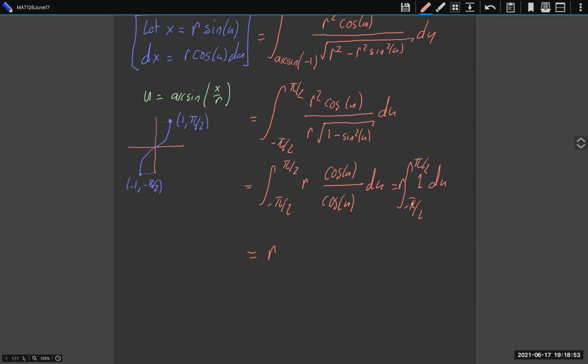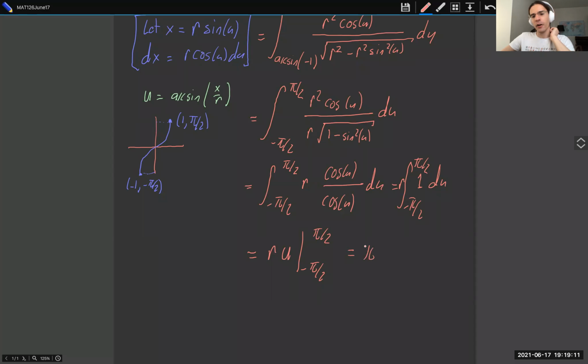Oh, R. Well, the variable of integration is u, right? Oh, then u. Okay. Yeah. So I evaluate this from minus pi over 2 to pi over 2. And then if I look at the difference between those two, it's just pi. So I get pi r. So pi r, therefore, is the arc length of the semicircle.